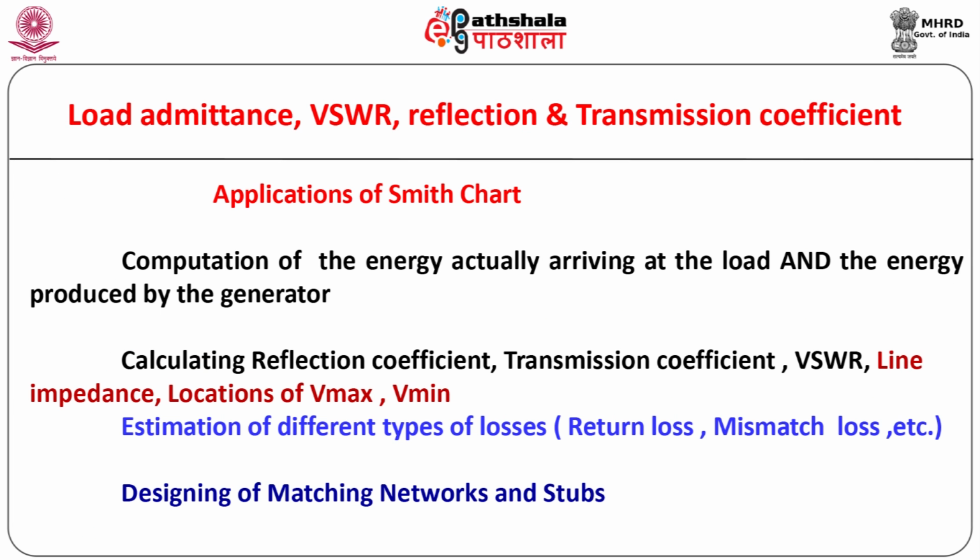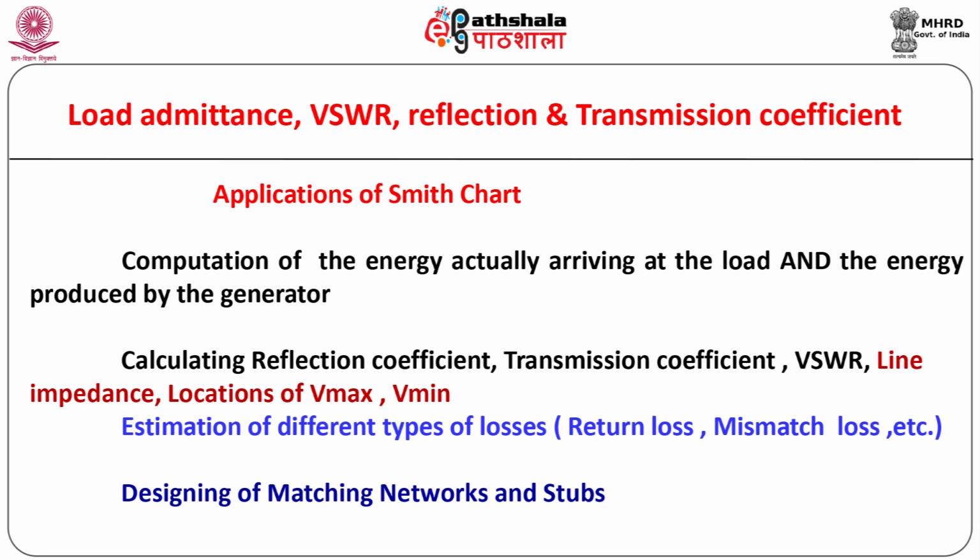There are a number of calculations that are useful while transmitting a signal through a transmission line. Calculating the energy actually arriving at the load and the energy produced by the generator are of prime importance. Ideally, the load impedance should match the characteristic impedance of the transmission line, so that all of the transmitted energy is available at the load.